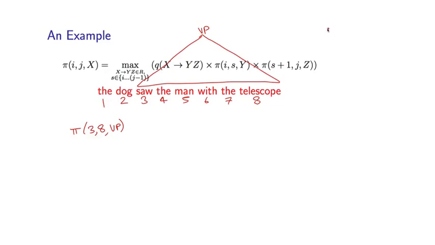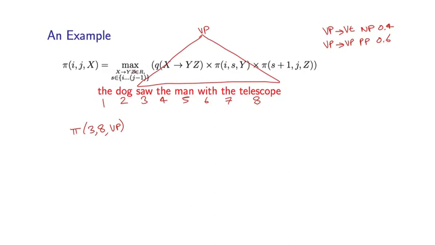Let's say, for the sake of argument, I have 2 rules expanding VP in my grammar. One of them is VP goes to VT NP, and the other one is VP goes to VP prepositional phrase. Say for the sake of argument, these have probabilities 0.4 and 0.6 respectively. So I'm going to search over two different things.